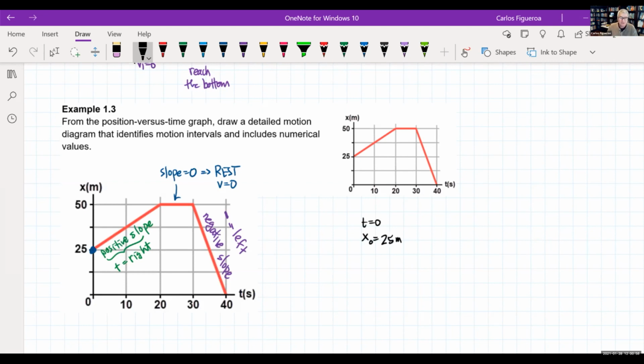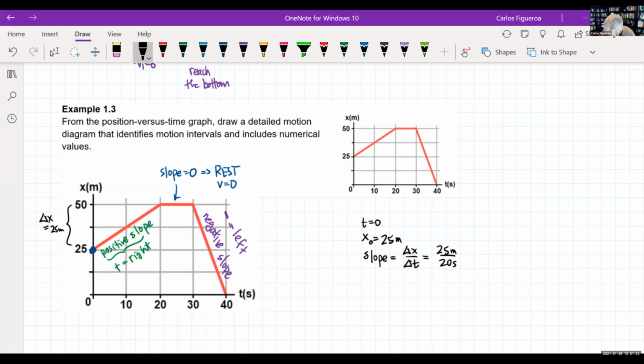And the question is, what is my slope here? Well, my slope for the first curve should be the height change over the horizontal change. So the slope tells me I see a change of 25 meters, and then my time interval is 20 seconds.